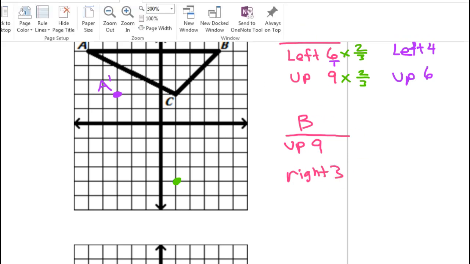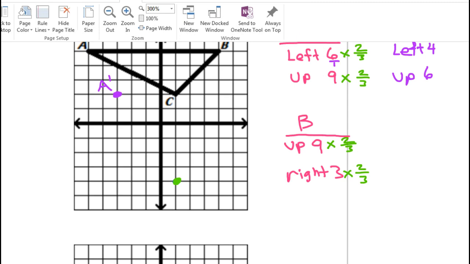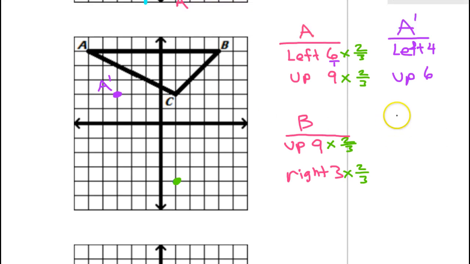Okay, so if I want to get to B prime, I'm going to have to multiply these motions by the scale factor. So I need to multiply by 2/3, and I need to multiply by 2/3. So 9 times 2 is 18, divided by 3 is 6.